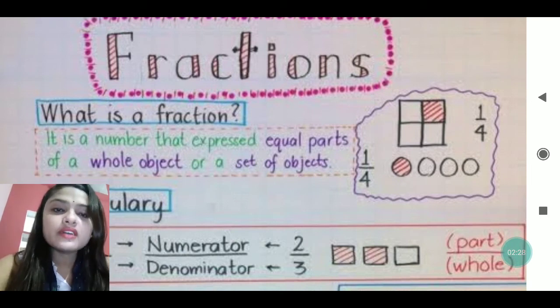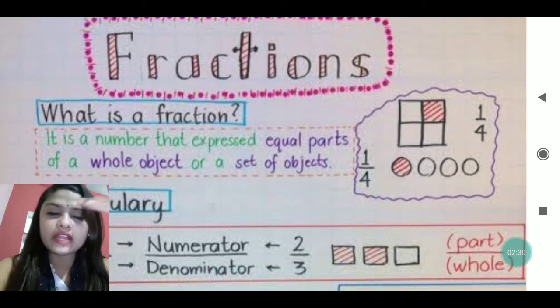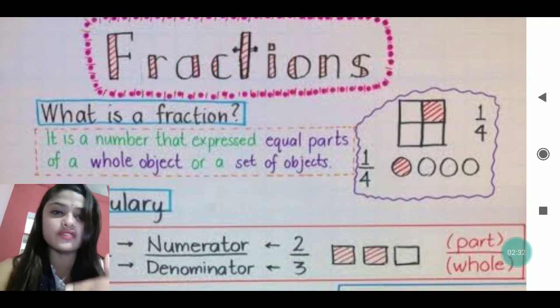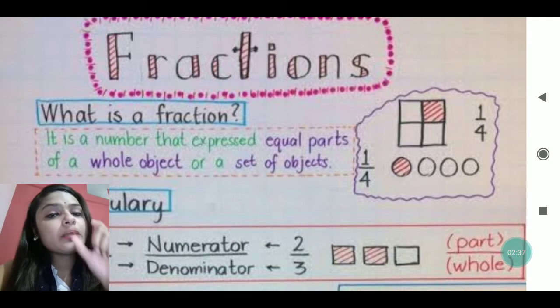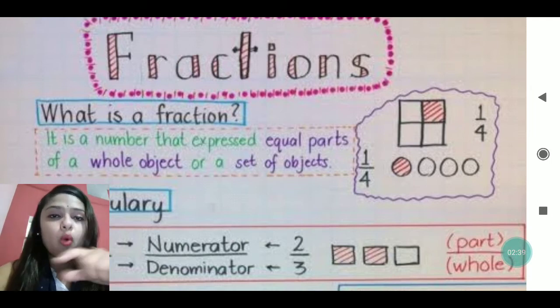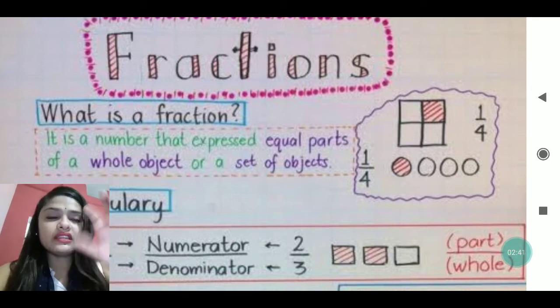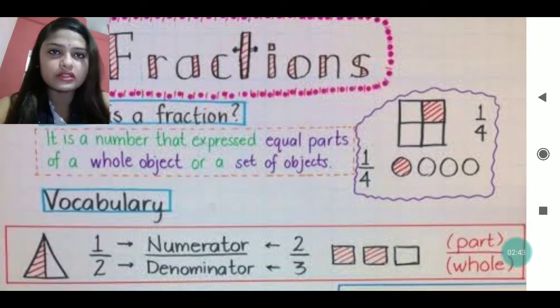What is the numerator? The numerator is that part which we write upside. The denominator is that part which we write downside. The numerator is the part whereas the denominator is the whole. Suppose, students, you can see some examples are also there.